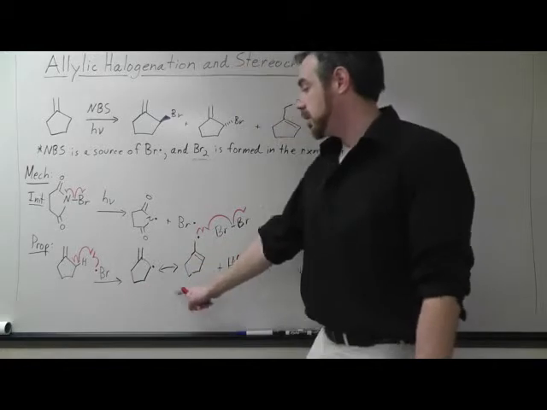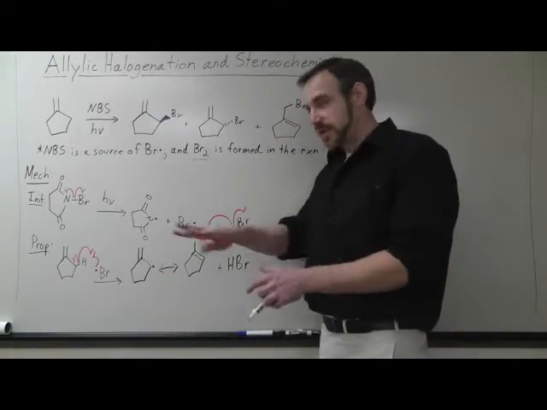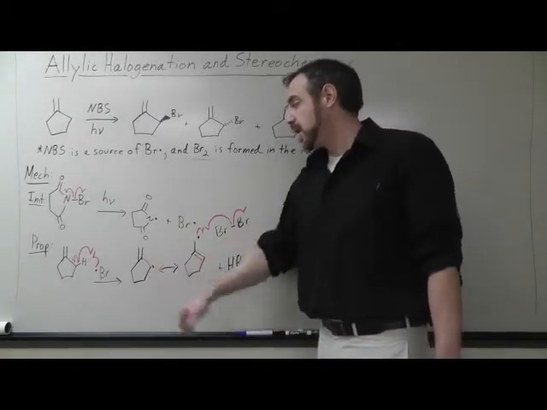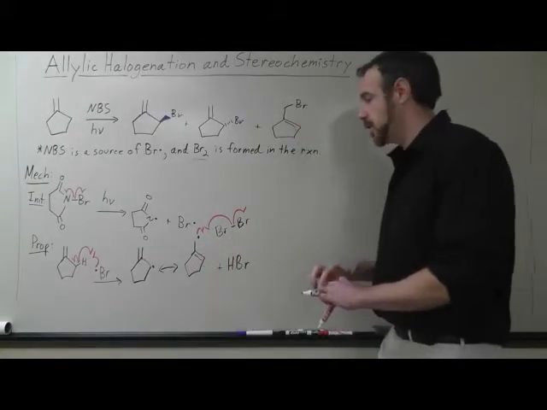From the radical here, again, important to note, radicals are sp2 hybridized, which means they're flat. So the bromine that comes in to form a bond here can either come from the front face or the back face of the molecule.